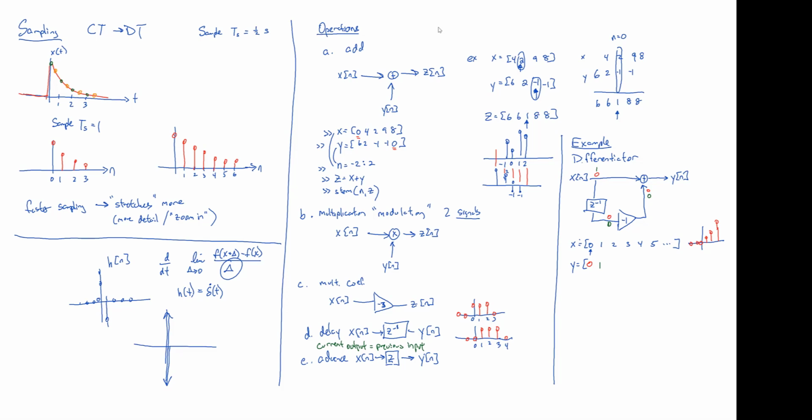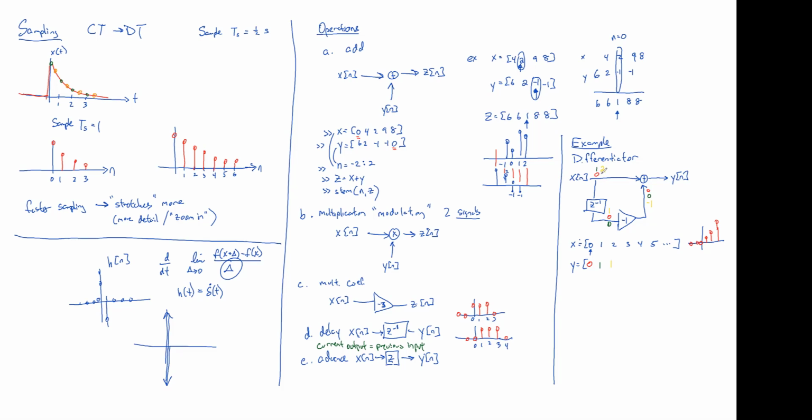To find out what it is at 2, I'll change color. To find it at 2, now our input is at 2. Our output of our delay was whatever our input was at the previous sample. Well, our input was 1, so now our output is a 1. That gets multiplied by a 1 to be a -1. And now we have 2 minus 1, so we have a 1 for our next sample.